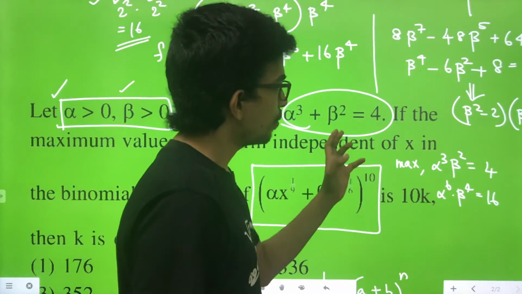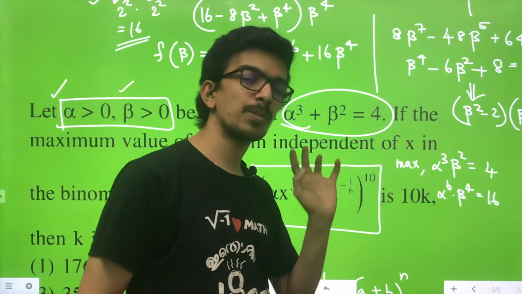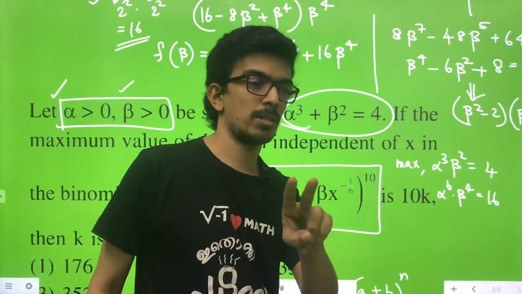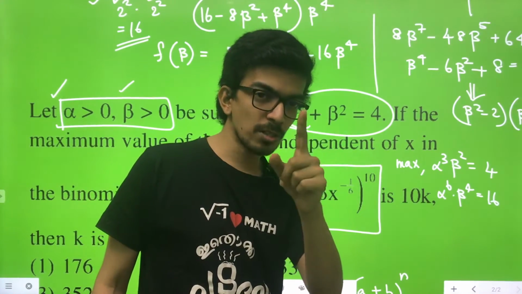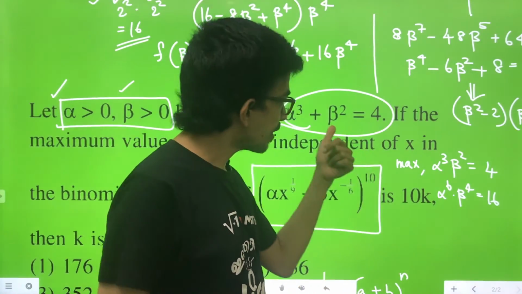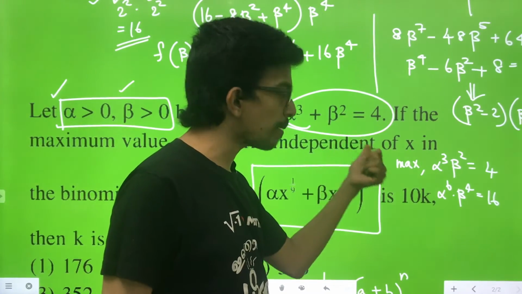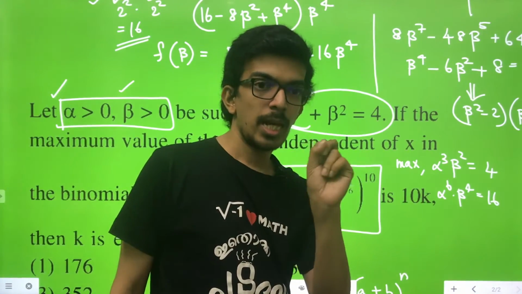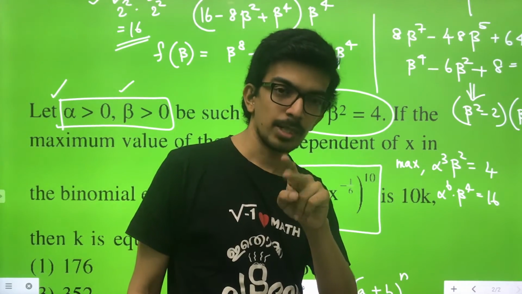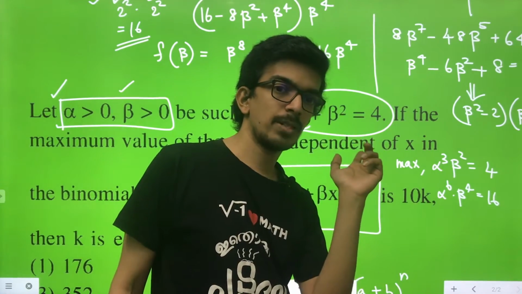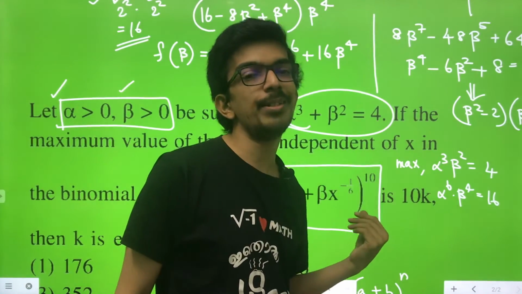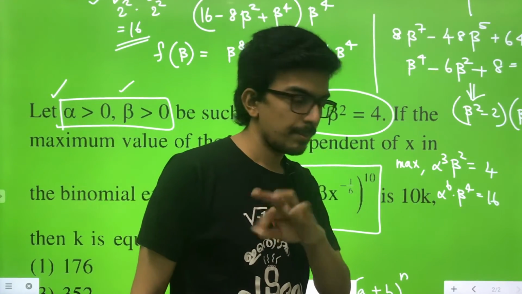Cool. So just by direct observation, you can simply arrive at the answer. Combining two shortcuts, one shortcut was for the value of r, the second shortcut is for finding the maximum value of this expression, you can actually solve this question in less than 2 minutes, just like in the previous question.